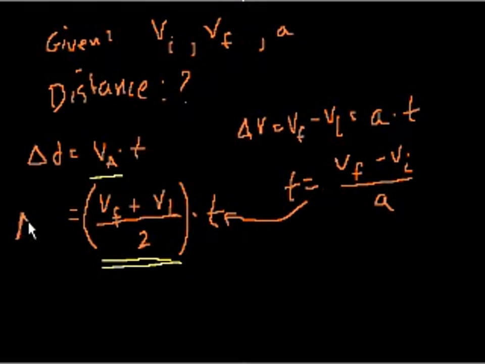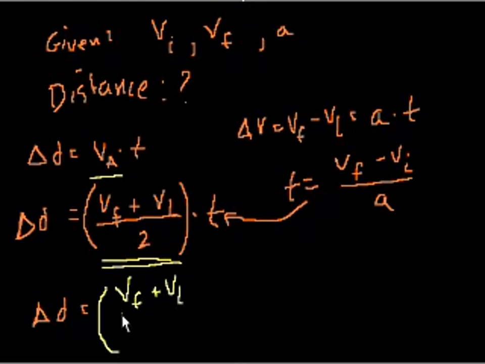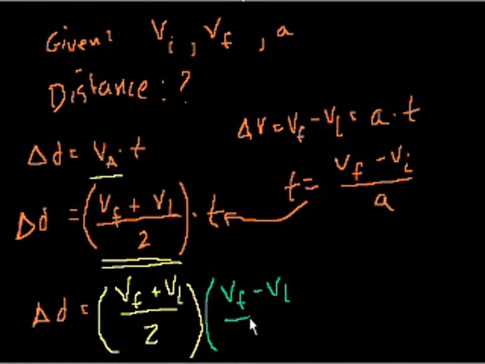And remember, this is all change in distance. So the change in distance is equal to this term, let me write it in yellow, Vf plus Vi over 2. And let me write this term in green. So that's times Vf minus Vi over a.